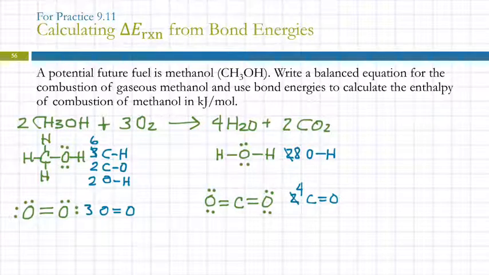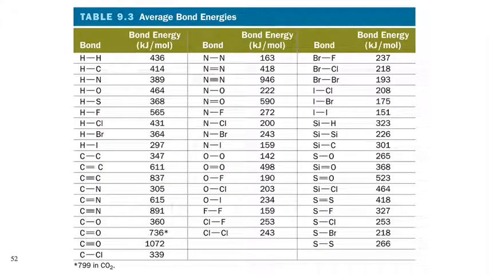Now we need to go and look up the bond energies. So I'm going to write these on the board because my short-term memory is shot. So we needed an oxygen-oxygen double bond. That's 498.